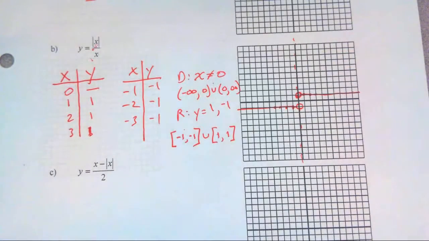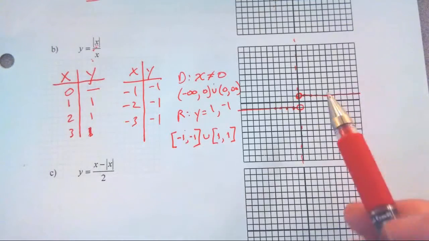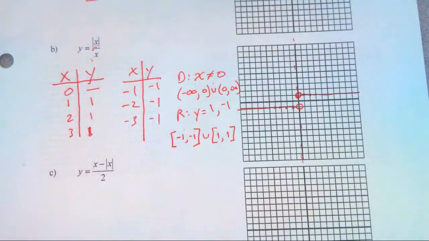Kind of peculiar. How about symmetry? Does this have any of the types of symmetry we talked about? Is this an even function? No, it doesn't fold onto itself. Is it an odd function? Odd function is rotational. If I spin this 180, does it lie on itself?